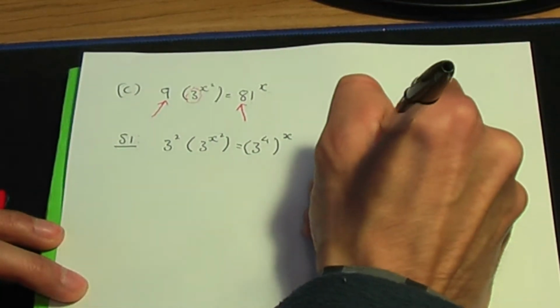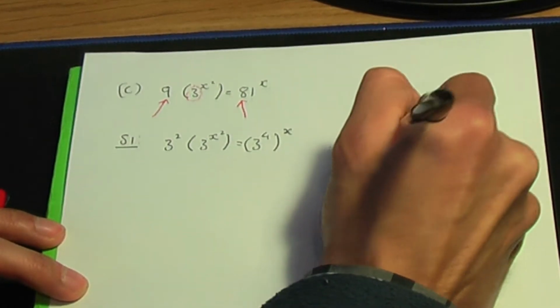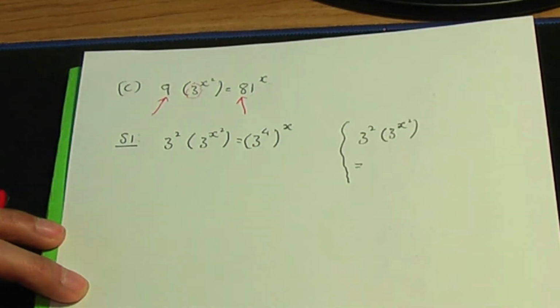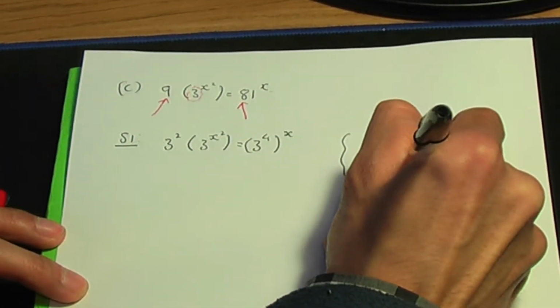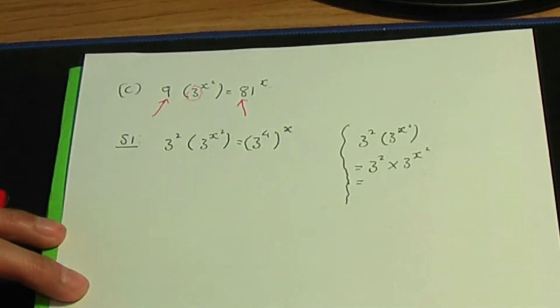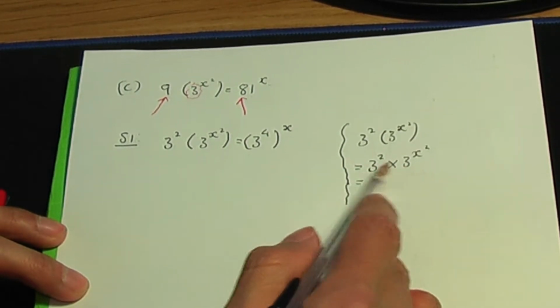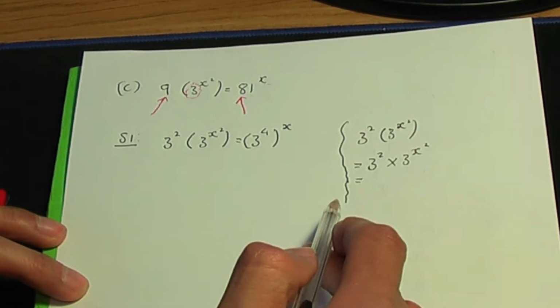So in this case, 3 to the power 2, let's do a side calculation, into 3 to the power x squared. As I said, brackets means multiply, so we need to multiply 3 to the 2 by 3 to the x squared. And remember in the earlier video on indices, whenever we multiply two terms having the same base, we add the powers.